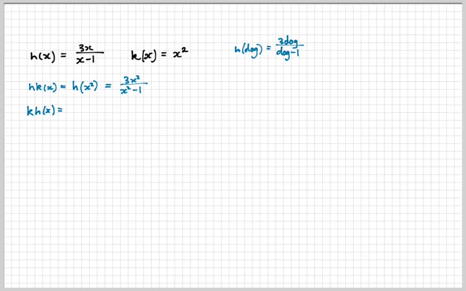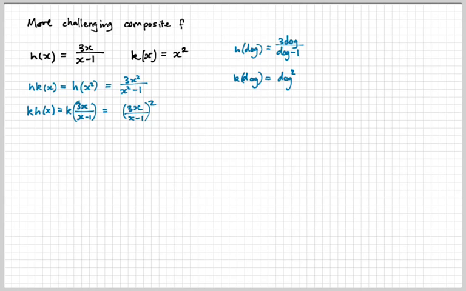We end up with 3x over x minus 1, and we're going to put 3x over x minus 1 through k. k of dog would just be dog squared, so k of 3x over x minus 1 is just going to be 3x over x minus 1 all squared. So this is the composite function kh of x. Okay.